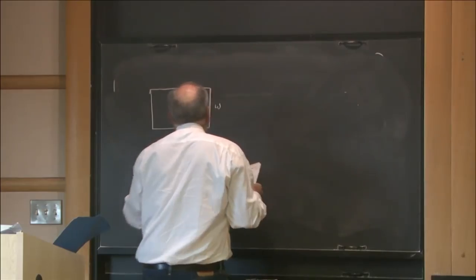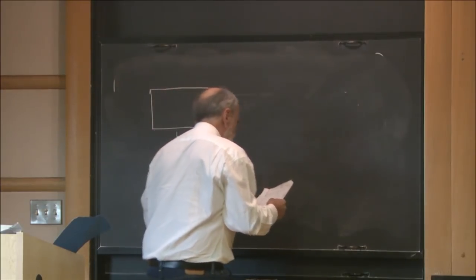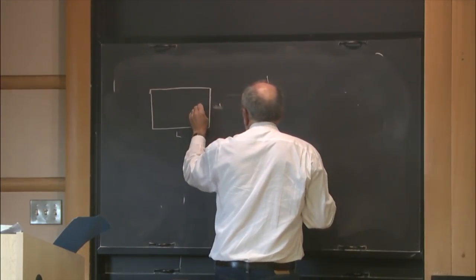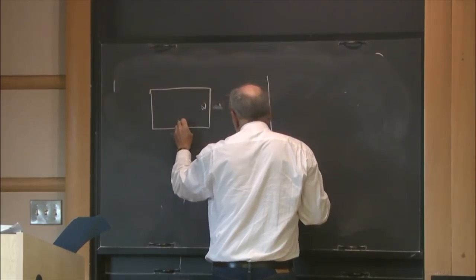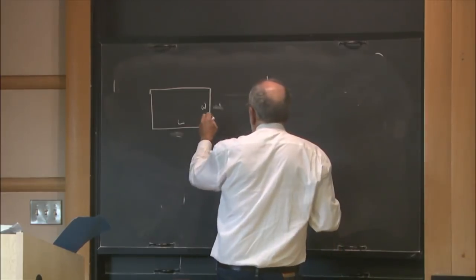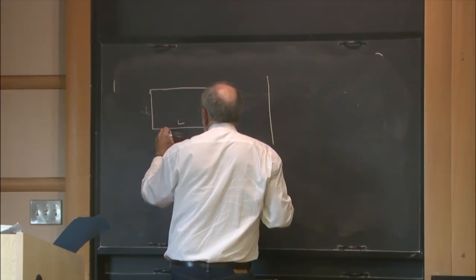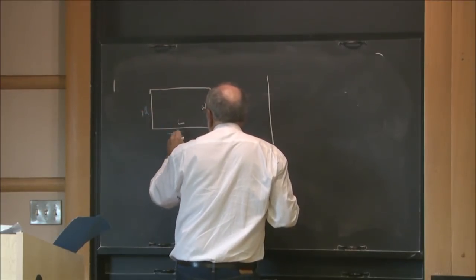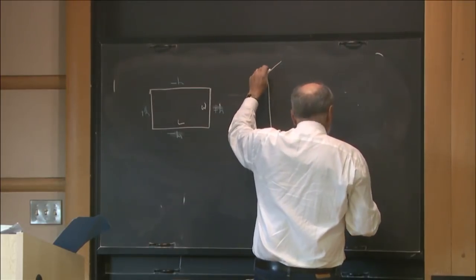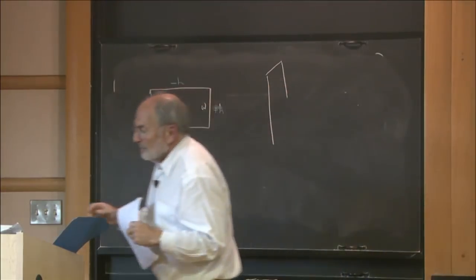Let's take a width W and a length L. And we're going to try to put boundary values plus H, minus H, plus H, minus H. So the boundary we expect is going to look like what I just had before.